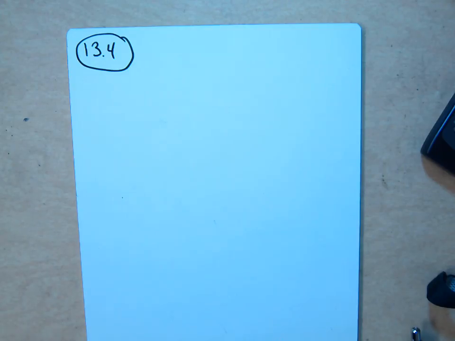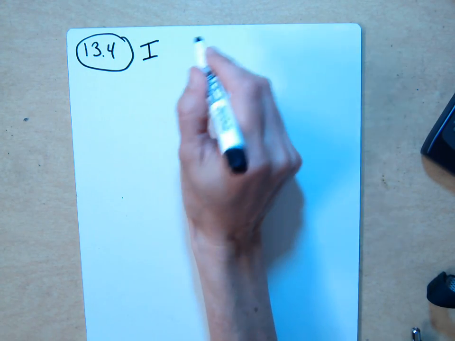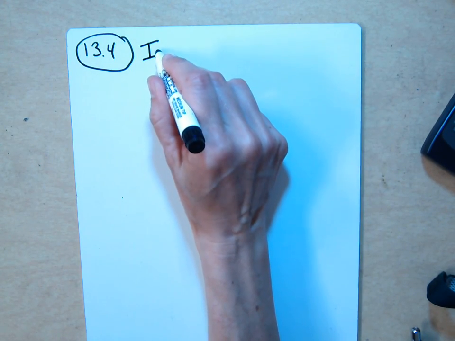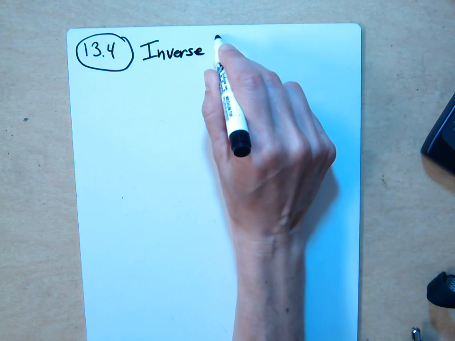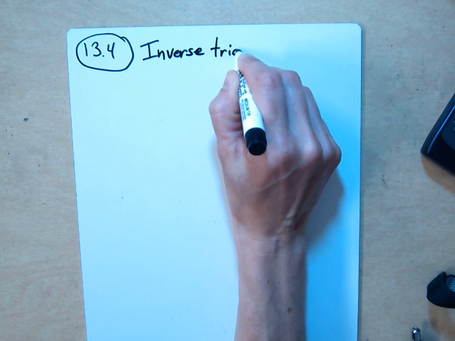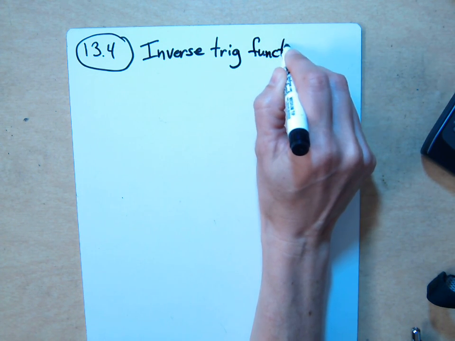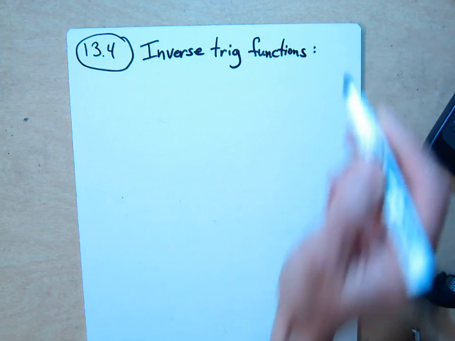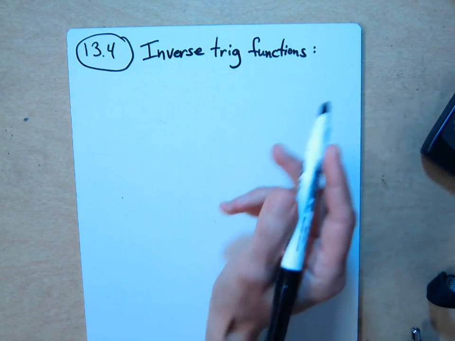Section 13.4 is the last we will cover in this chapter, and all we are doing is going in the reverse way. This is called the inverse trig functions. The way this works is like any inverse function, you switch the domain and range.